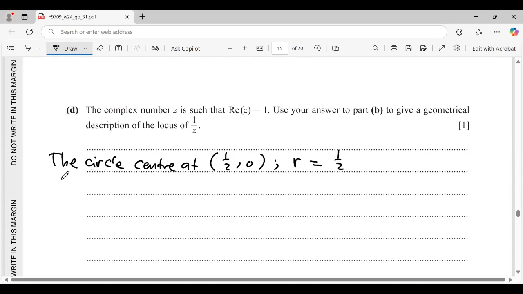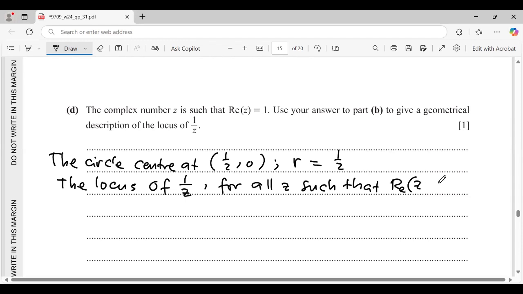So it means the locus of 1 over z, for all z such that the real part of z equals 1, lies on the circle. I think you understand about this.